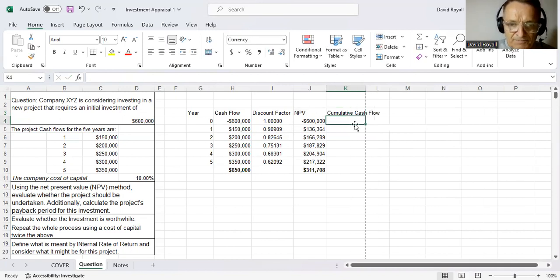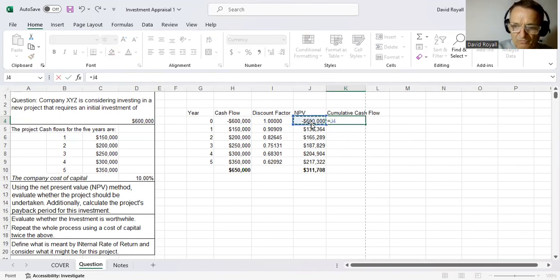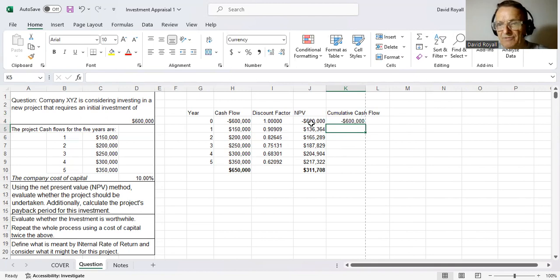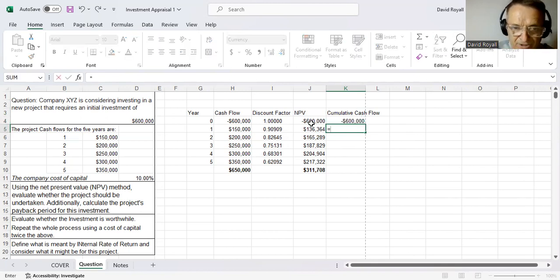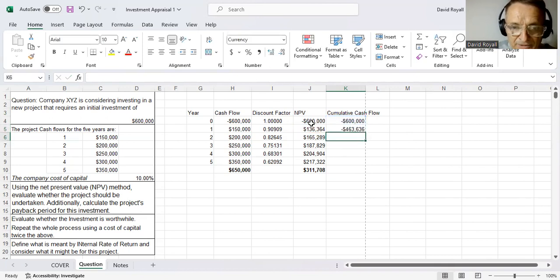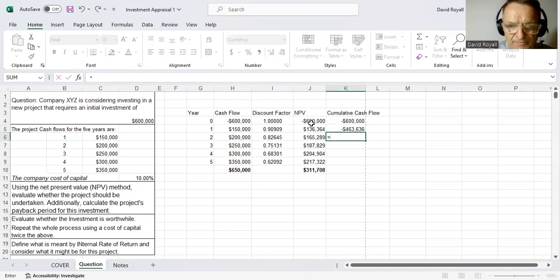Okay, now it's going to be based upon real money, but in year 0, we're 600,000 down. But in the next year, in real terms, we've clawed back this amount of money, 463. We're now clawed back that money, so our real outgo so far has been 463,636.